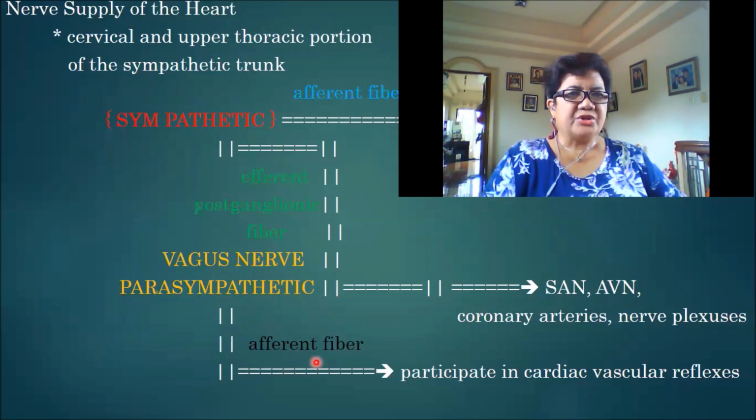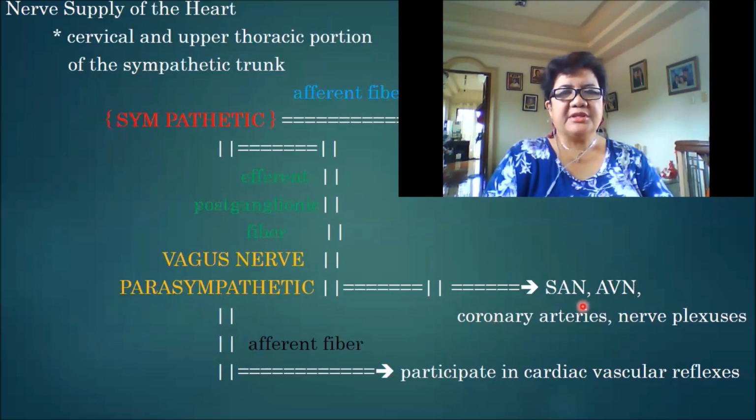Your afferent innervation for your sympathetic nervous system will be aided by the vagus nerve. So parasympathetic, it is for relaxation, and this will participate in cardiac vascular reflexes.